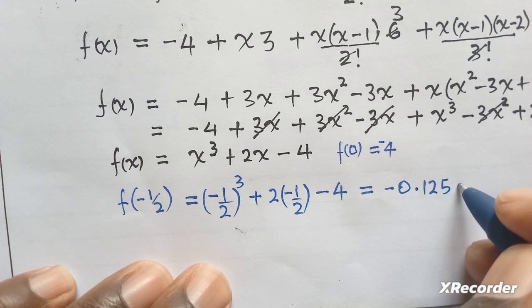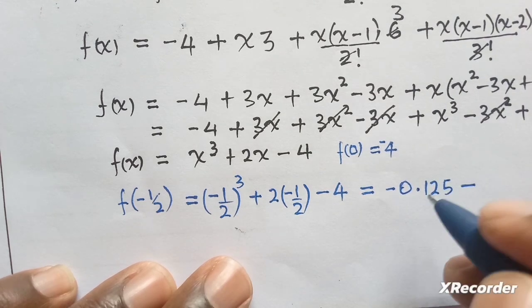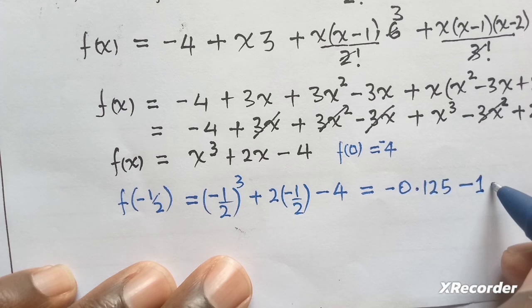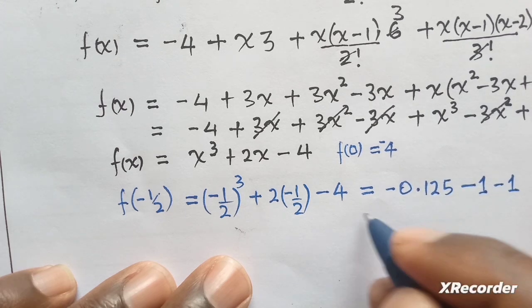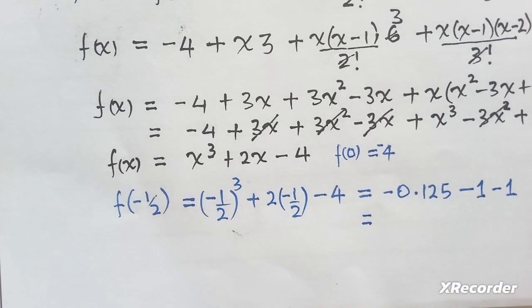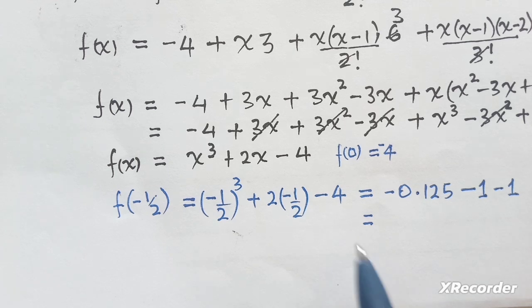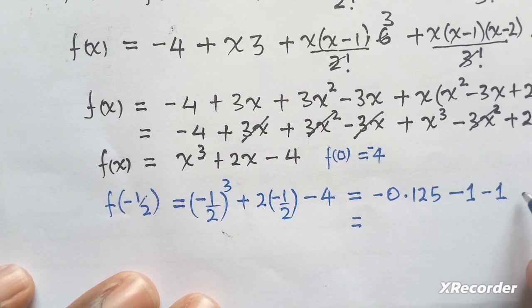Then plus 2 times -0.5, this one will be minus 1, so this is going to be -0.125 minus 1 equals -1.125. Then you have minus 4 here.